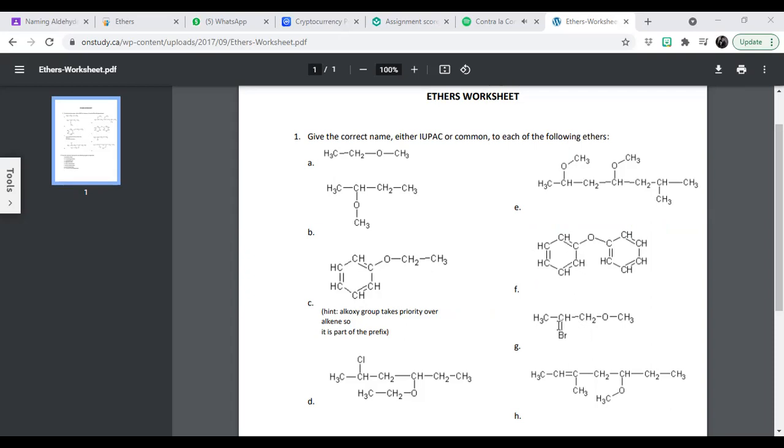So yes, 2-bromo, that's good. The 2-bromo is good. But we don't say oxy alone. We say methoxy or ethoxy or propoxy or butoxy. We have to mention the chain that is attached to the oxy. So you say oxypentane alone, and you were supposed to say this.